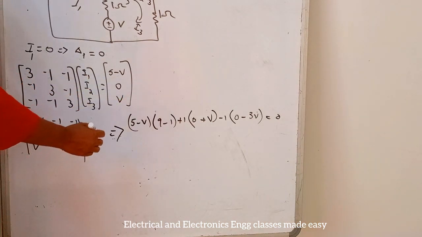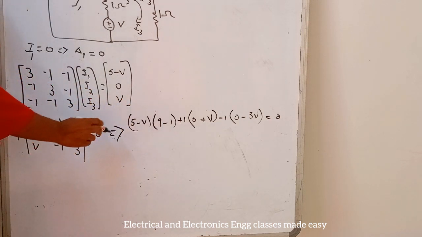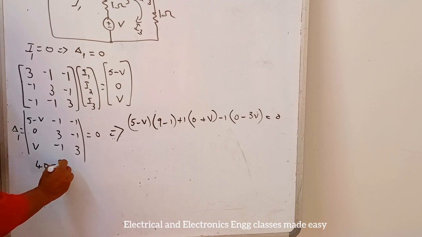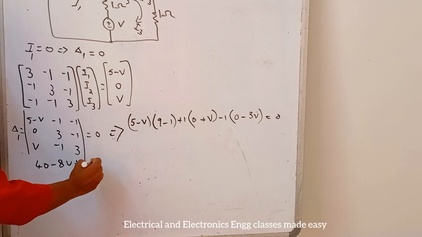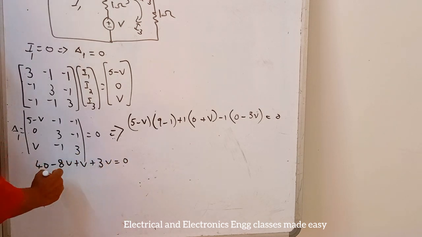Now we can simplify this one. So here we get 9 minus 1 as 8. So 8 into 5 is 40, then minus 8V, then plus V, then minus of minus plus 3V equal to 0. That is here 40 minus 4V equal to 0.